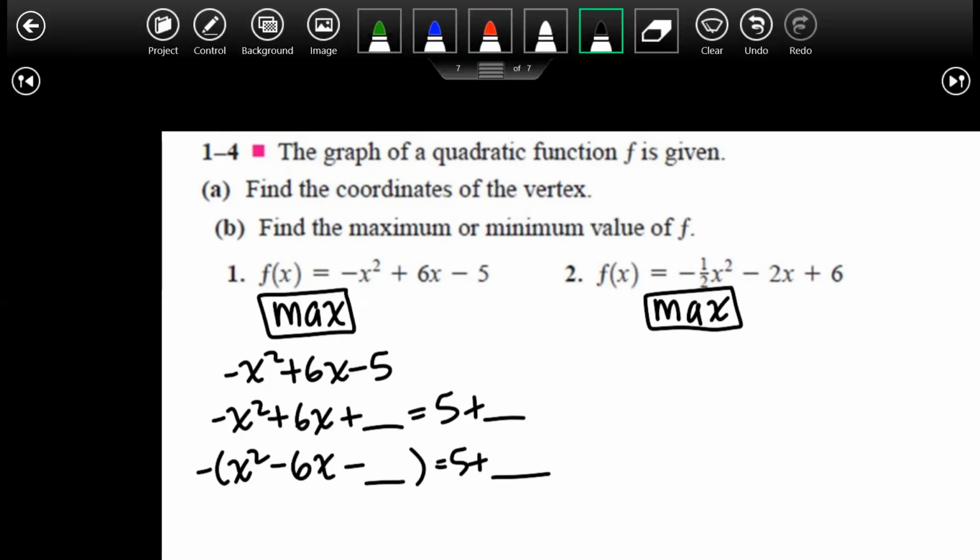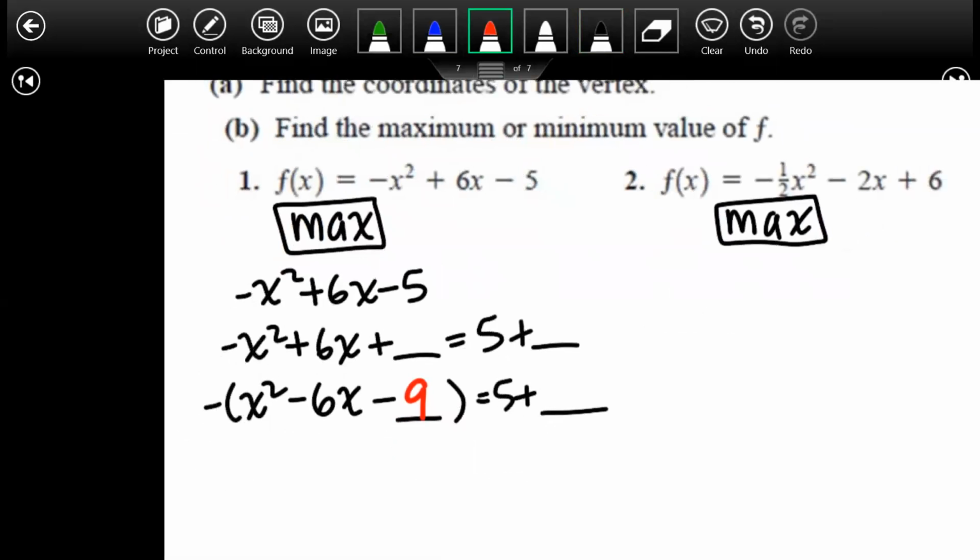What's my CTS term? Nine? How much should I be adding in? Think about the negative on the outside of this. So it's being added 9 to this. What should I do to the other side? Should I subtract or add 9?